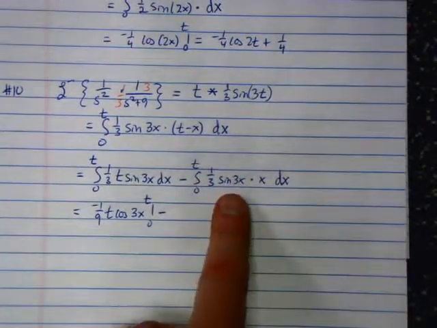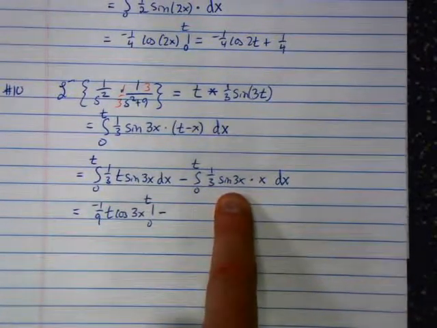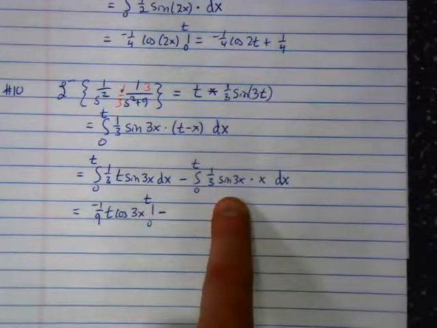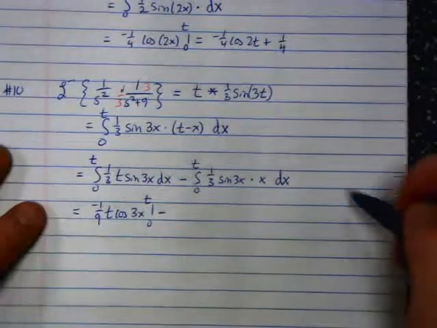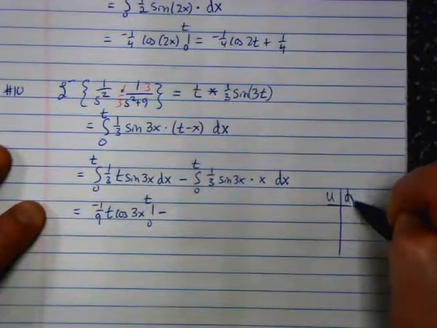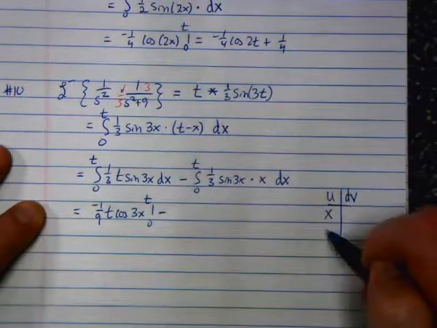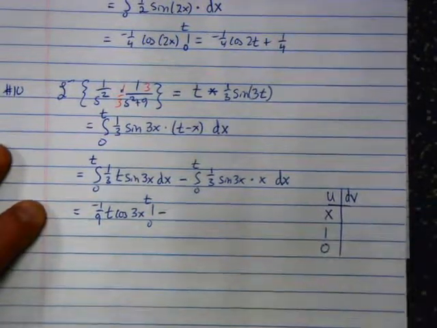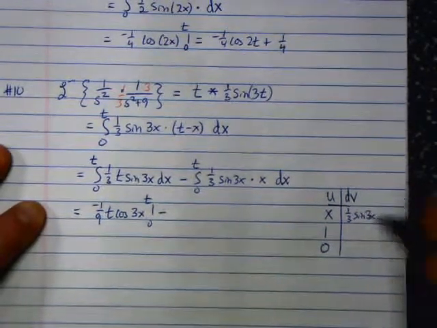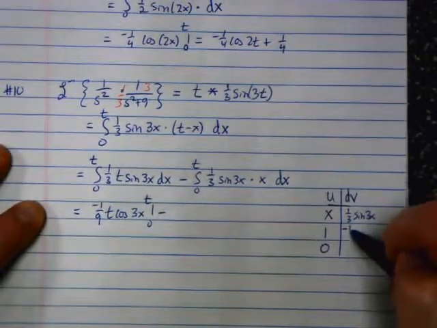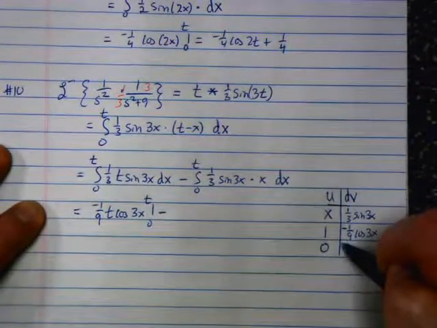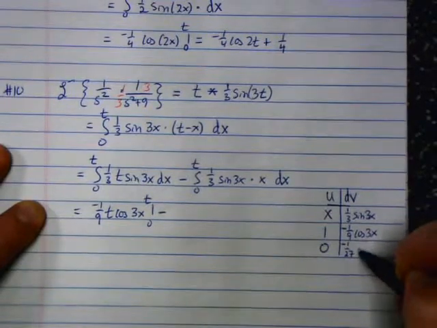Minus, what are you going to do with this one? Integrate by parts. Using that tabular method to me is pretty quick and pretty easy. So again, I'm going to use parts. u and dv. u is x. Derivative is 1. Second derivative is 0. dv is 1/3 sine 3x. Integrate once, I get negative 1/9 cosine 3x. Integrate again, I get negative 1/27 sine 3x.